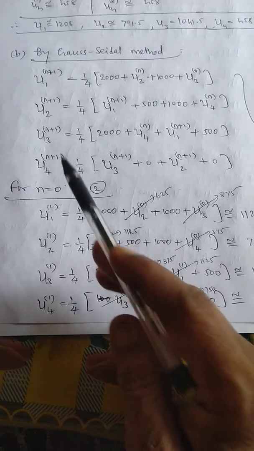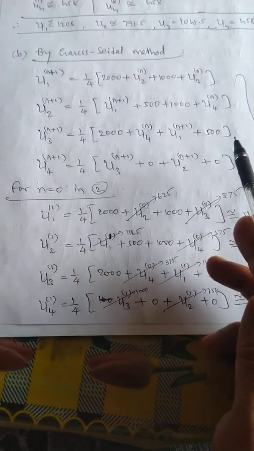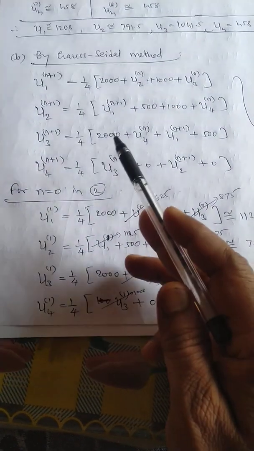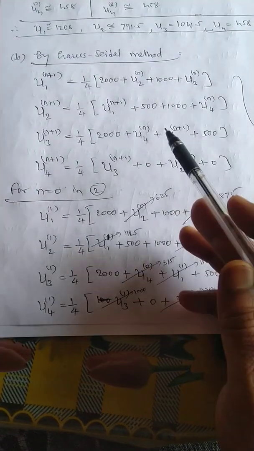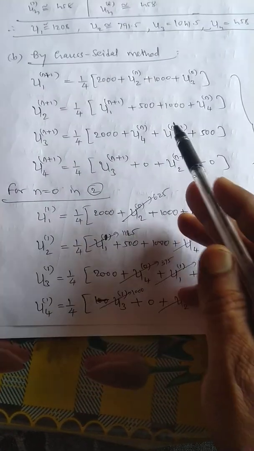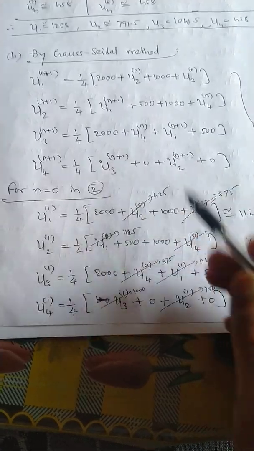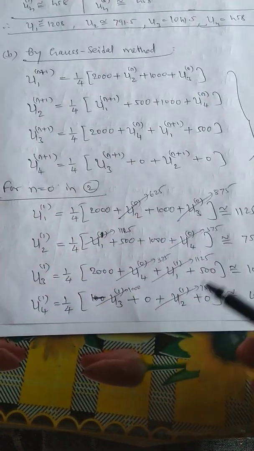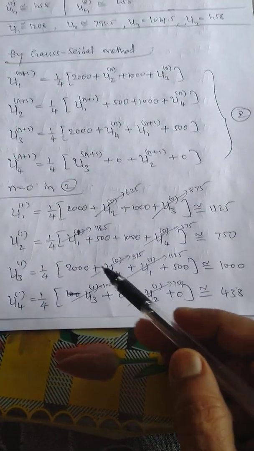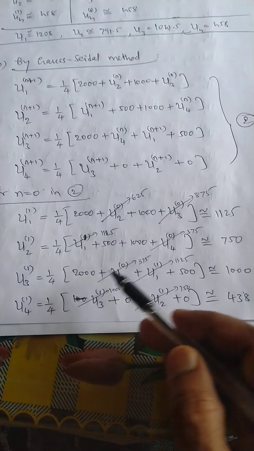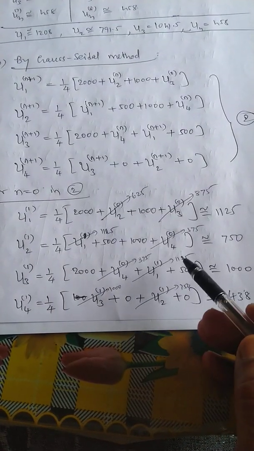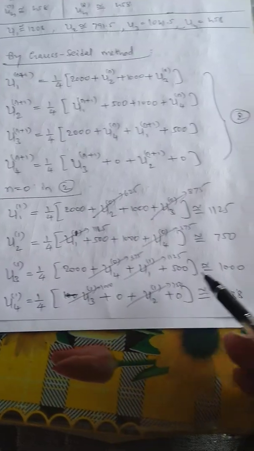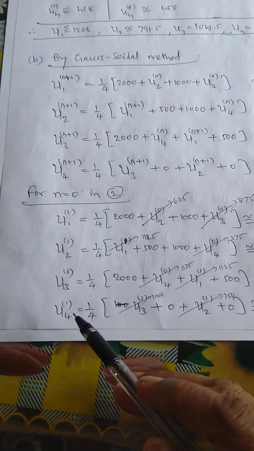U3(1), putting n equal to 0 in this: 2000 plus U4(0) plus U1(1) plus 500. So 2000 plus 375 plus 1125 plus 500, whole divided by 4, is equal to 1000.